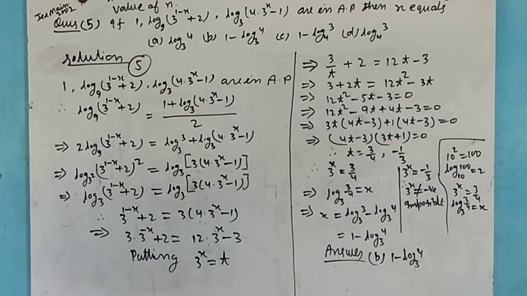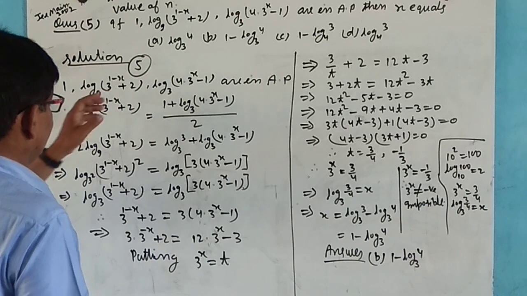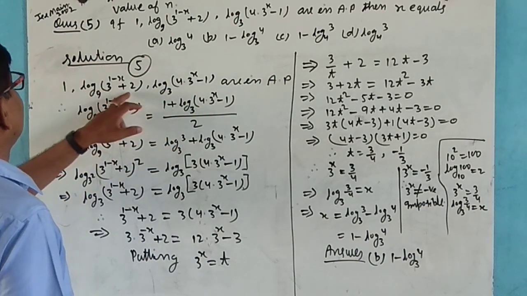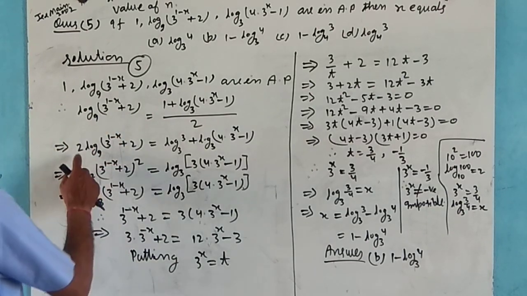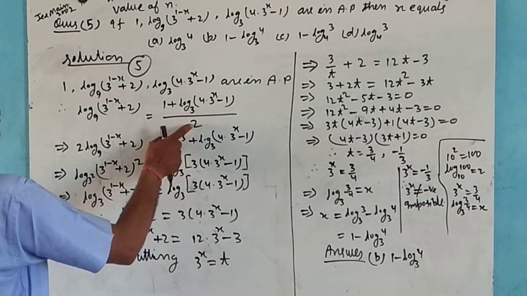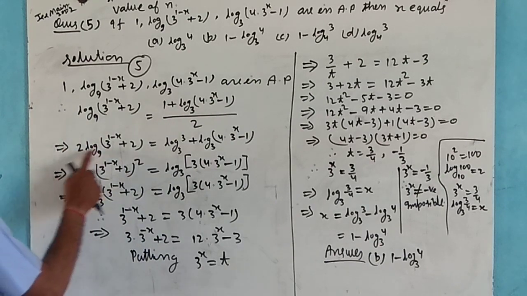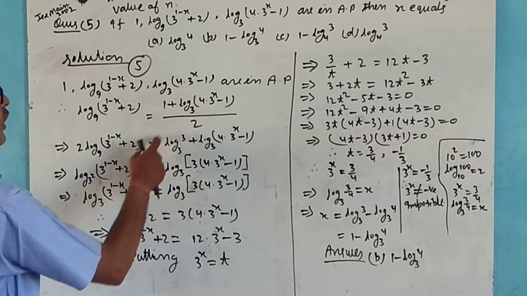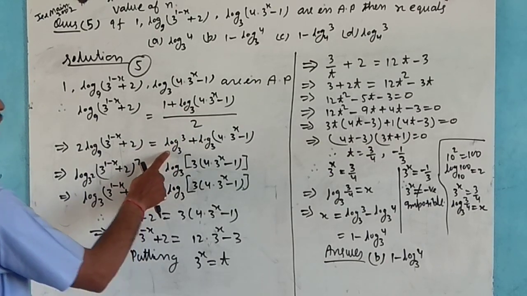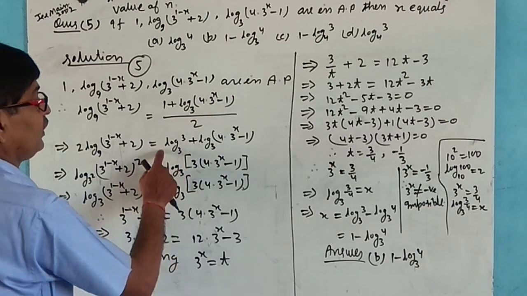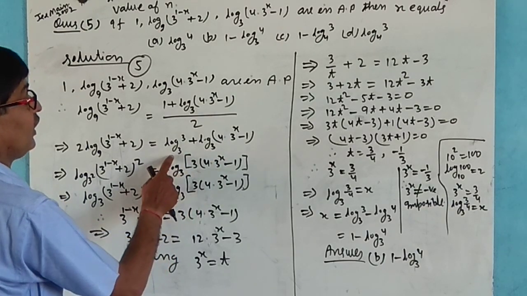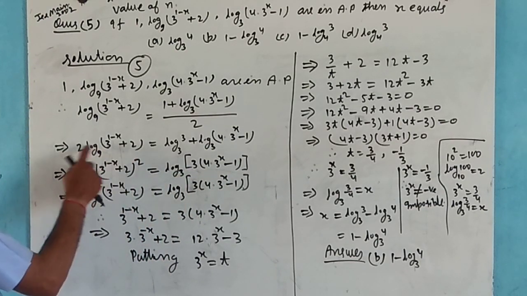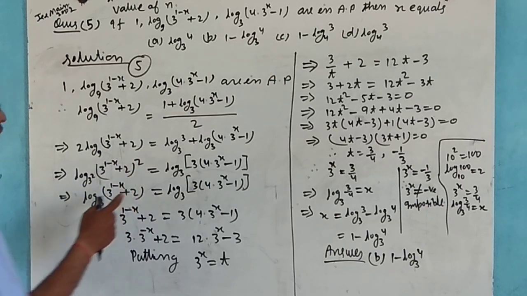So for arithmetic means, first and last divided by 2 equal to the middle part, and here by cross multiplication, 2 and 1 can be written as log 3 base 3. This value is equal to 1. So log m into n, log m plus log n, applies here. Log of m to the power n is equal to n log m.